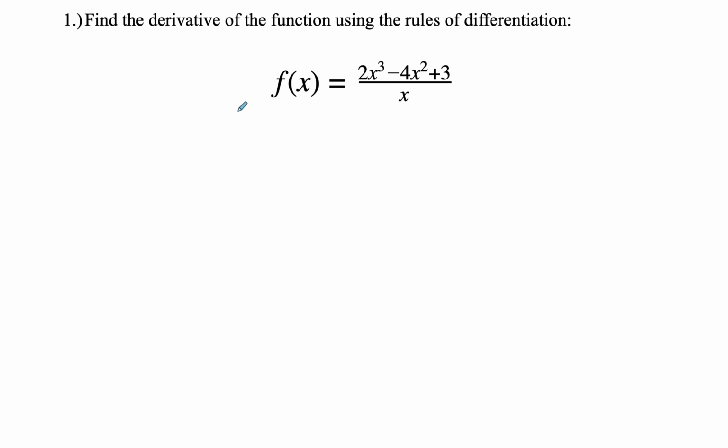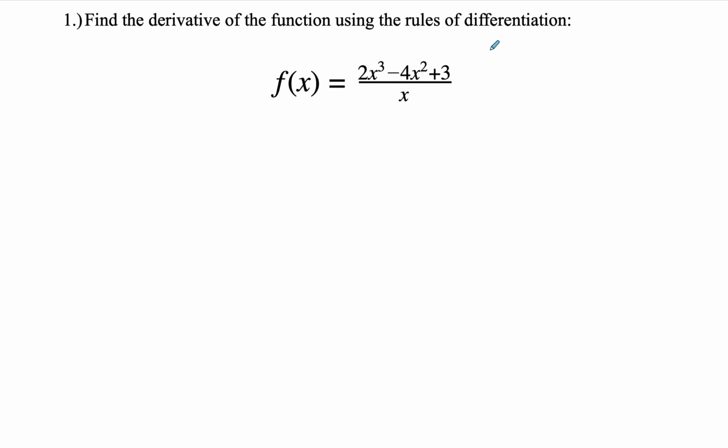Other people attempted to simplify it and then do it using the other rules that we learned. So those are the two broad methods. The one thing that I think was difficult is that people did not follow what I had said in class.